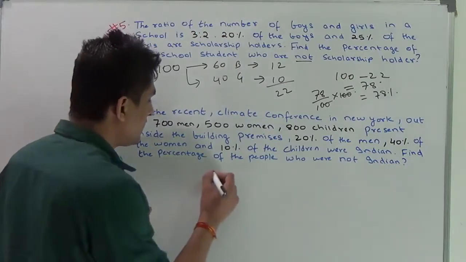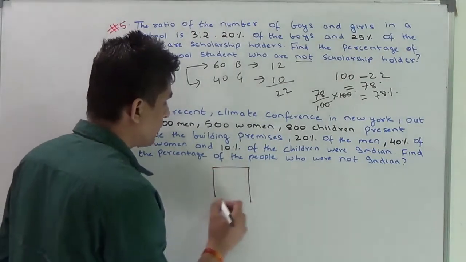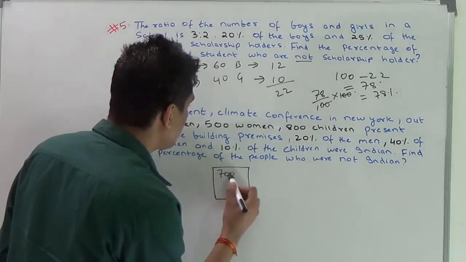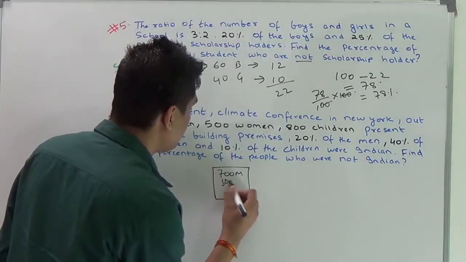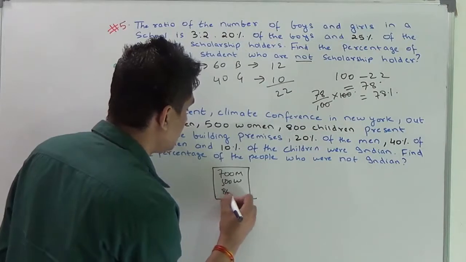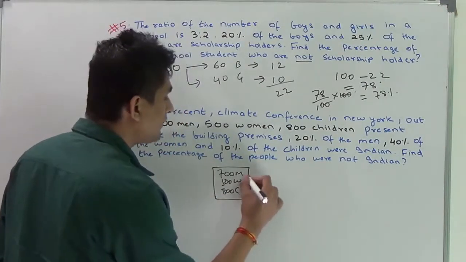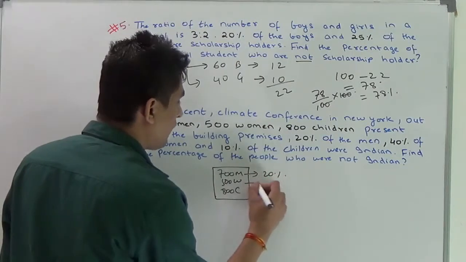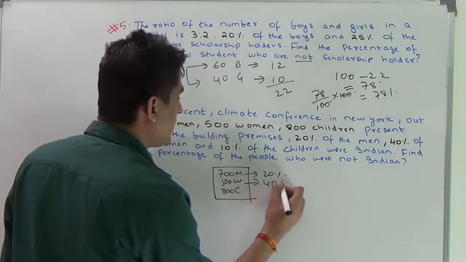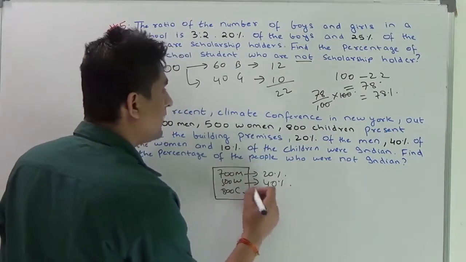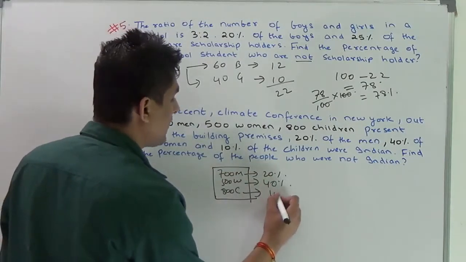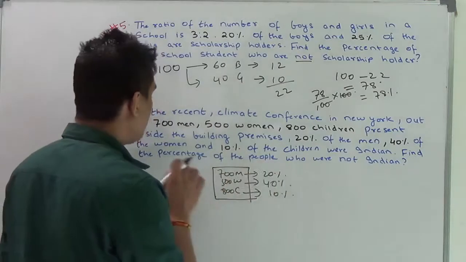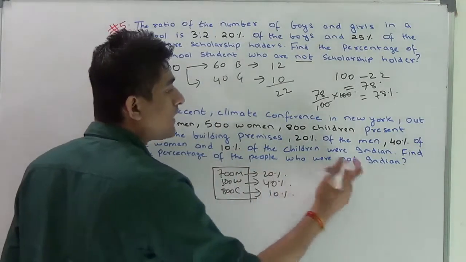Here the question says there is a conference room in New York with 700 men, 500 women and 800 children. Out of 700 men, 20% are Indian, 40% of the women are Indian, and 10% of the children are Indian. We have to calculate the percentage of people who are not Indian.